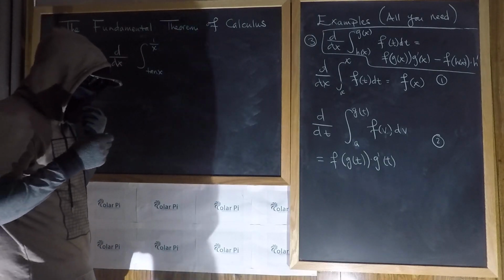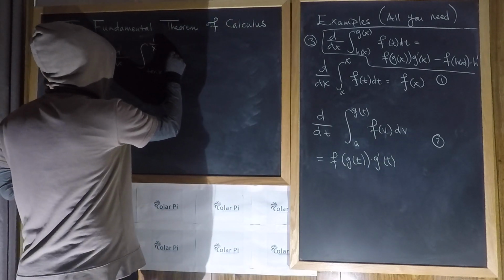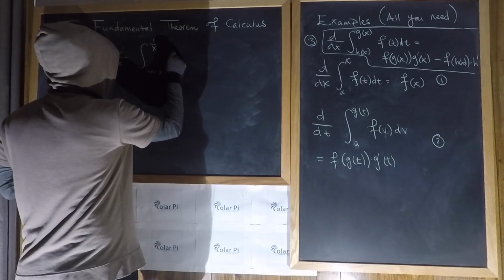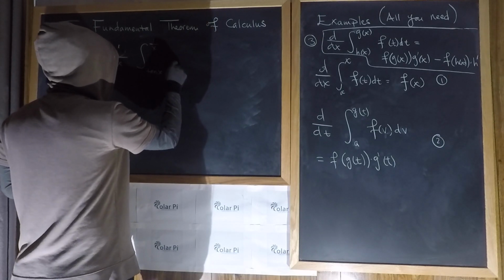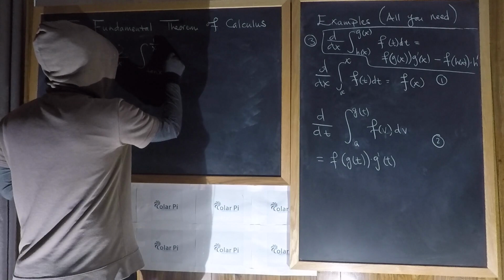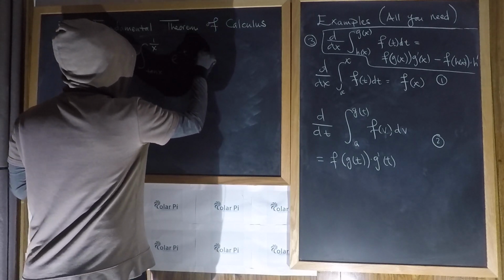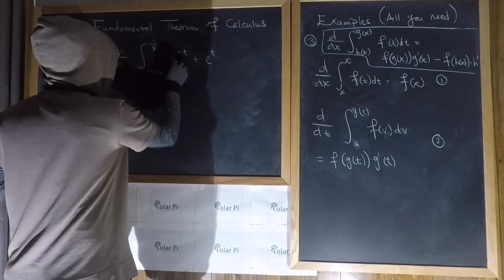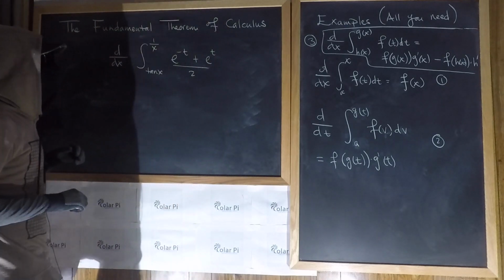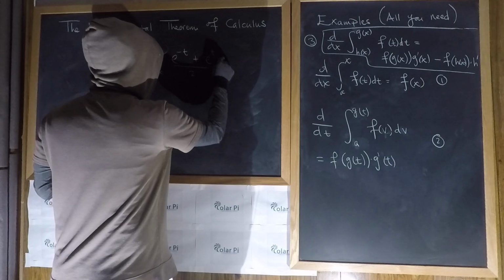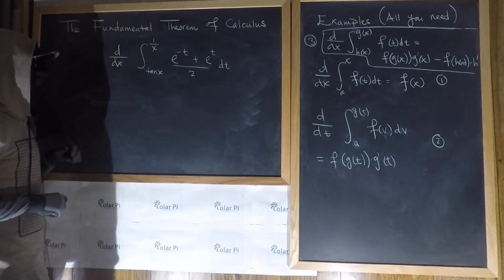What function do we like? I don't know. It could be whatever. That's why I'm kind of stalling. e to the minus t plus e to the t over 2. Okay, and then dt, right?